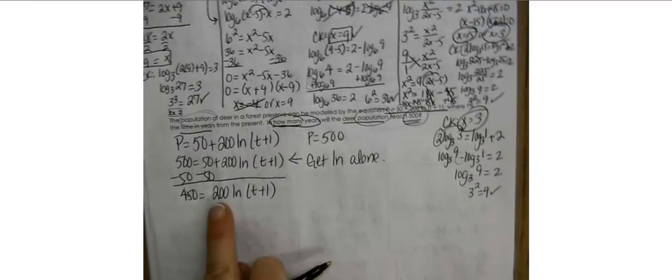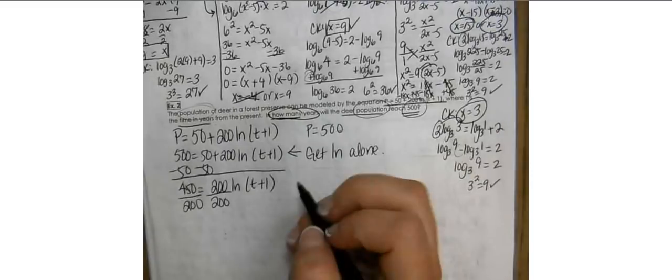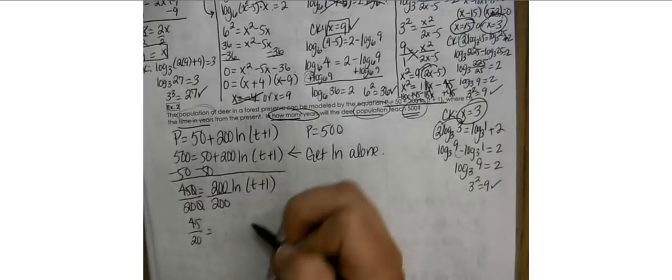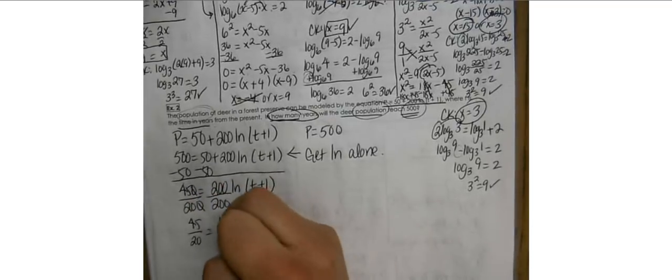Instead of making 200 an exponent, which can be very complicated, I would strongly recommend that you simply divide both sides by 200. That way we have our natural log alone, and it's a little bit easier to work with. So now I can cancel out a 0, and we have 45 over 20 is equal to the natural log of t plus 1.